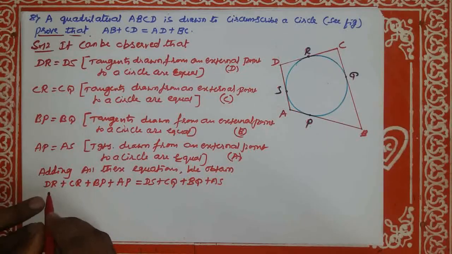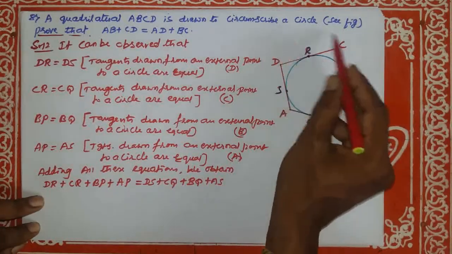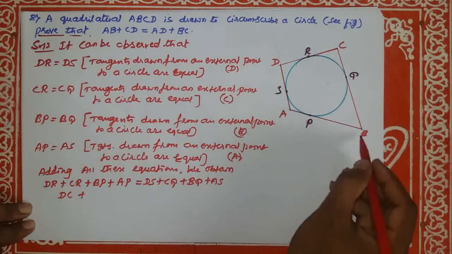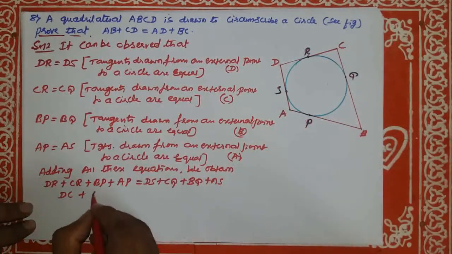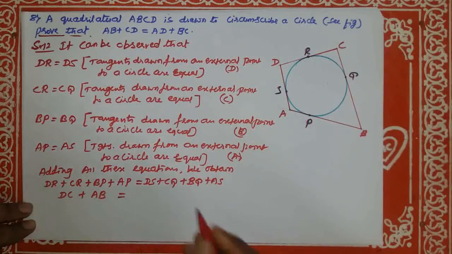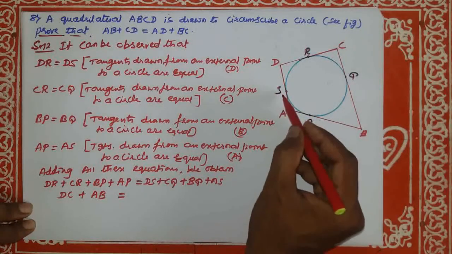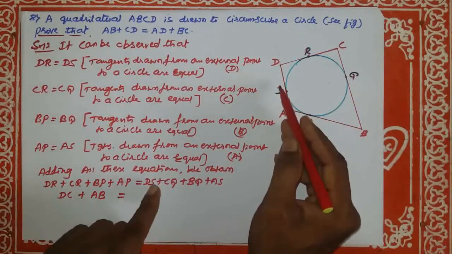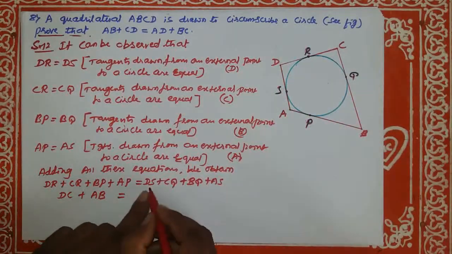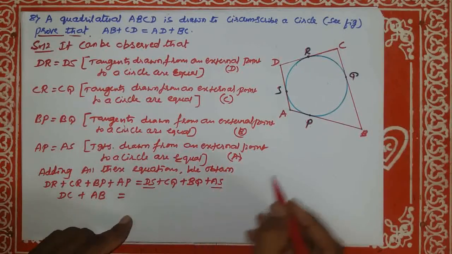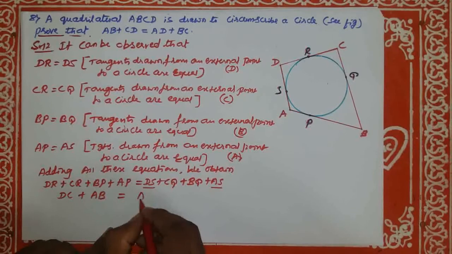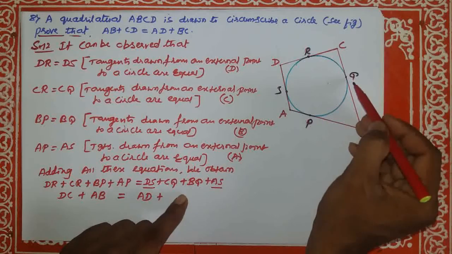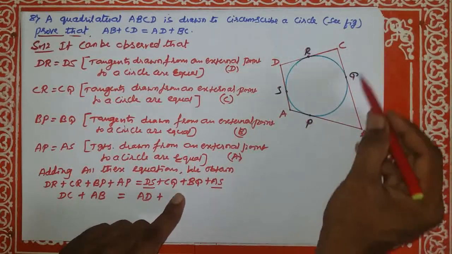See now, DR plus CR is equal to DC, plus BP plus AP is equal to AB. DS plus AS is equal to AD, plus CQ plus BQ is equal to BC.